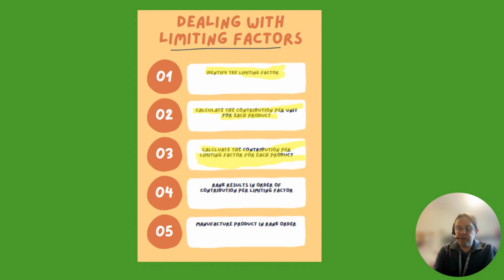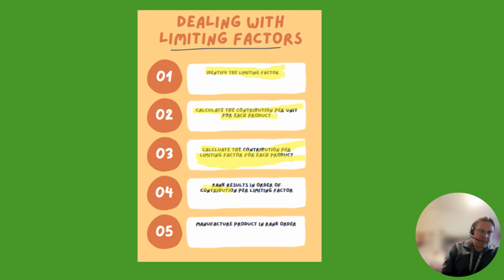Sometimes part of the question will be you working out the kilograms or hours per unit, and that will be a mark in itself. So we're going to work out the contribution per limiting factor, because that's how we maximize profit. Not contribution per unit, but contribution per limiting factor. Because one other product might use a lot of a particular scarce resource, and so therefore the contribution per scarce resource will be quite a lot lower.